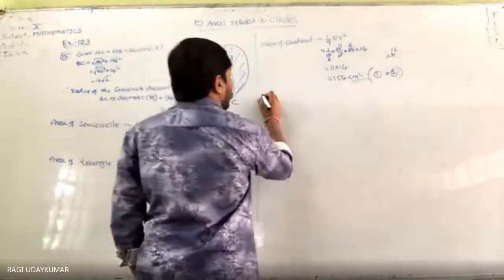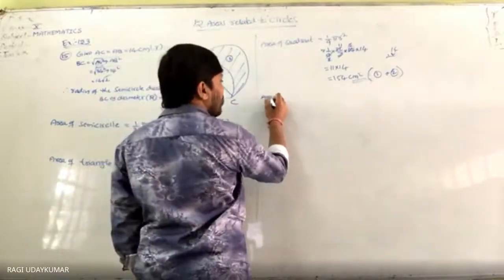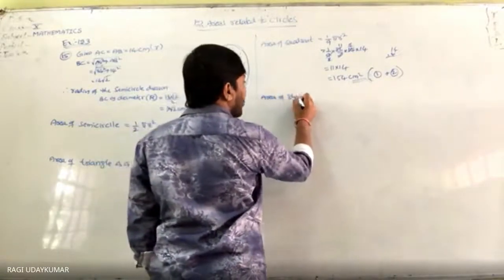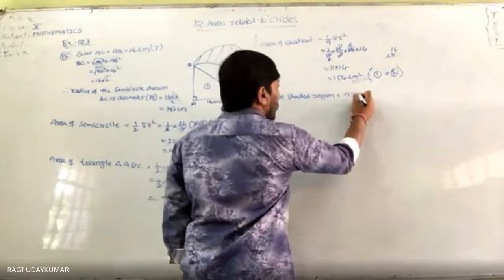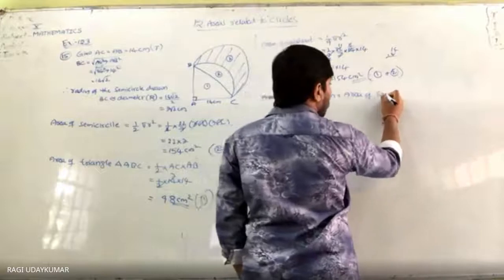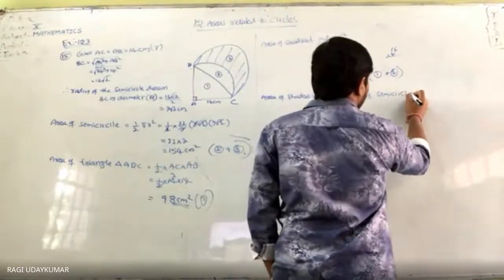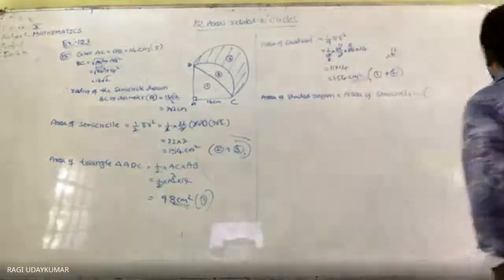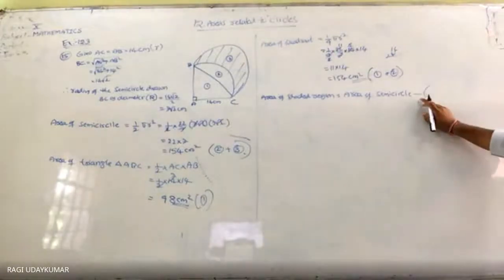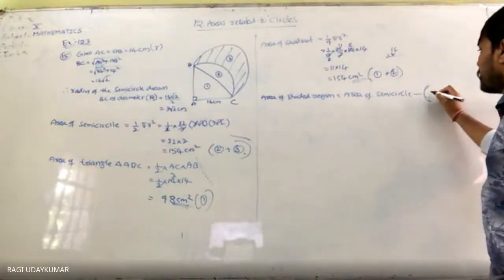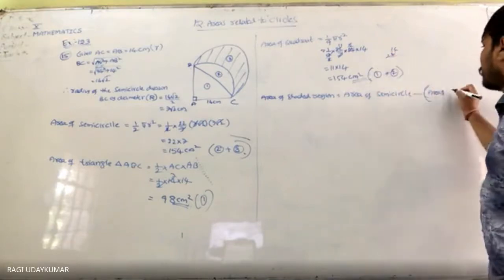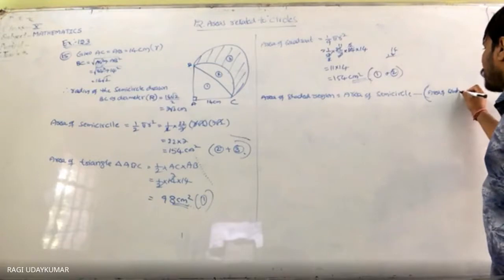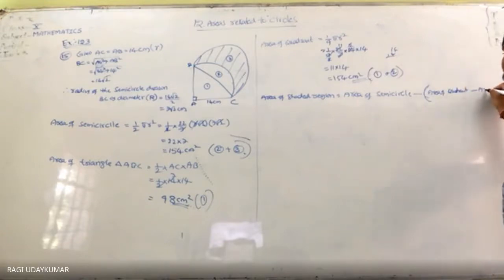So now, area of the shaded region is equal to area of the semicircle minus, in brackets, area of the quadrant minus area of triangle ABC.